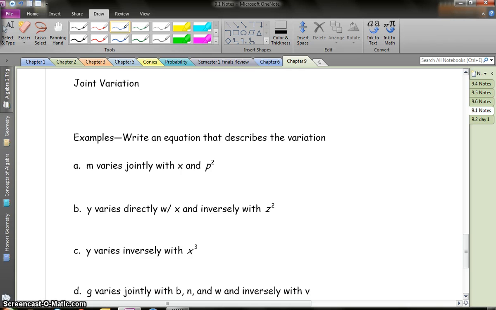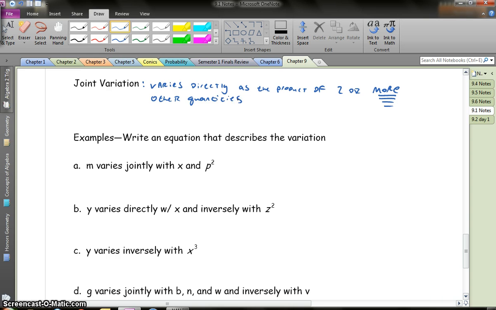Now, joint variation. Joint variation varies directly, so it's a direct variation, varies directly as the product of, and this is the important part, ready? Two or more other quantities.